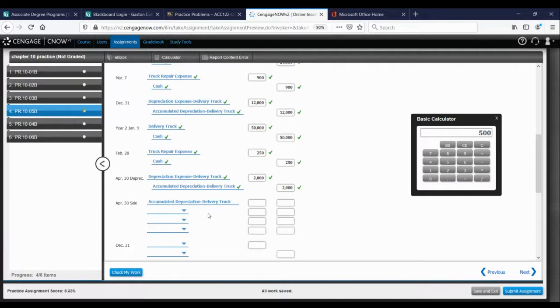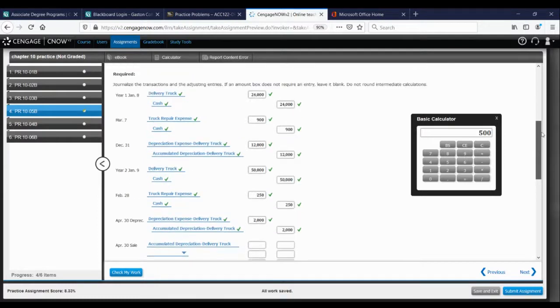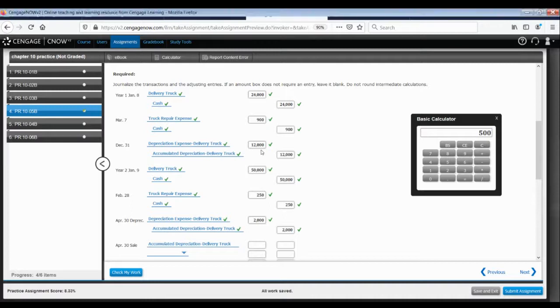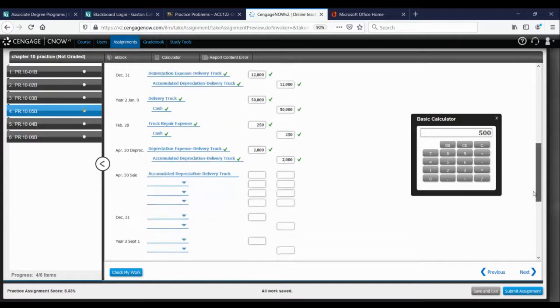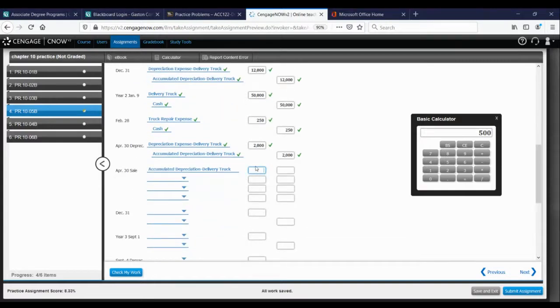When you sell an asset, you have to reduce the accumulated depreciation off of your books for the total amount of the accumulated depreciation. Remember that you had depreciated this asset once on December 31st for $12,000, and then you depreciated it again on April 30th for $2,000. The total of those is $14,000, that would be debited to the accumulated depreciation.